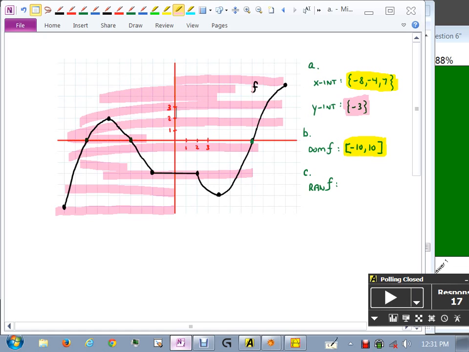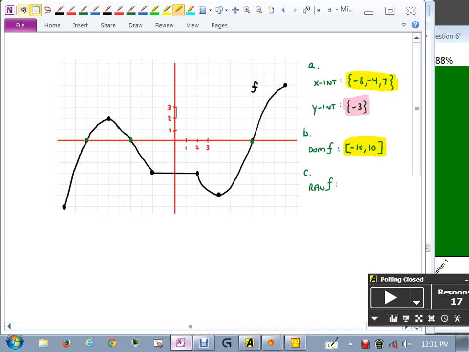If it had a break in it, then you would have to take that out of your answer. But I do have everything in between. So it's -6 to 5. Do I use brackets or parentheses? Brackets, because it actually does take on those values. And that's going to be in pink, just to help remind you that those are Y values. Next.